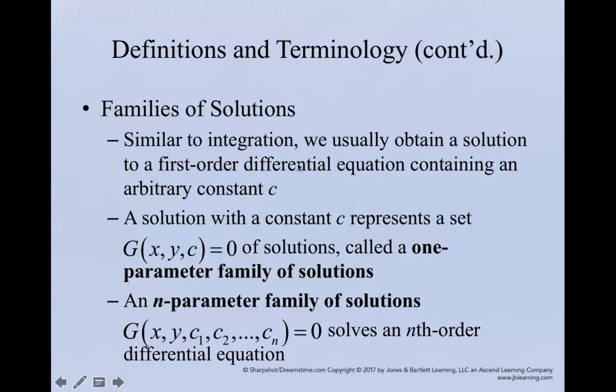If we have an nth order differential equation, we will get an n parameter family of solutions because each time the function is differentiated, it is possible that an additional constant becomes differentiated away. So if we have a third order differential equation, we would have to integrate that 3 times to get the derivatives to go away.